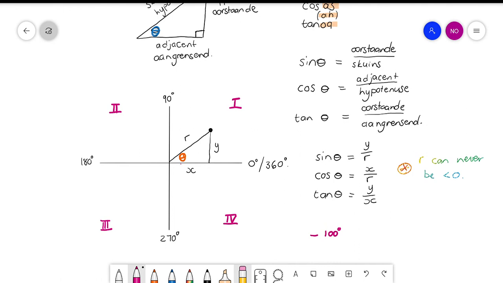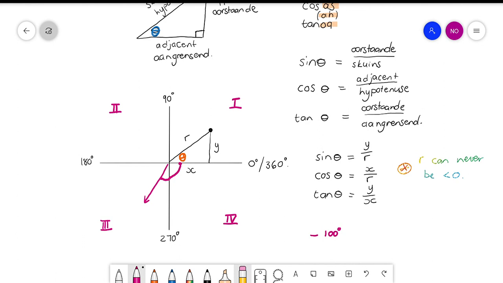So if you start here and you're going negative now, so you have to go in the opposite direction. Okay? Here you go 90 degrees, now you're there. Now you still have to go another 10 degrees. There. So in other words, negative 100 degrees will be in the third quadrant. Stem julle saam? You'll see why.